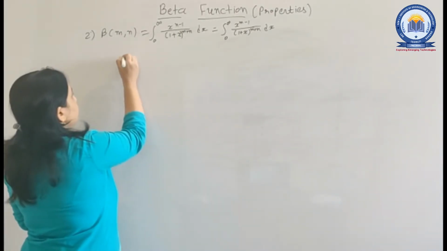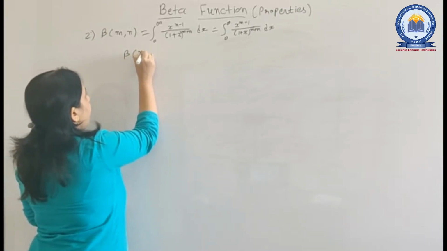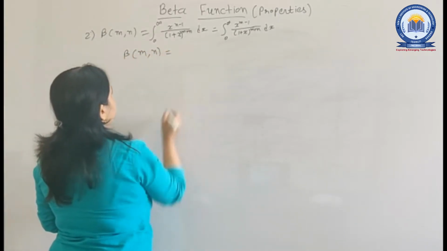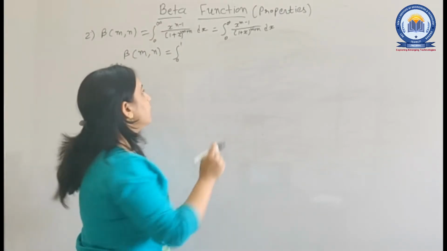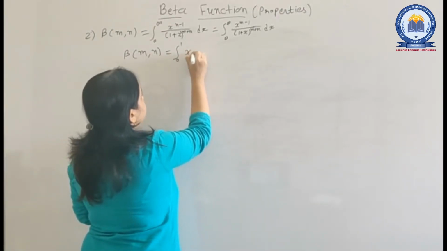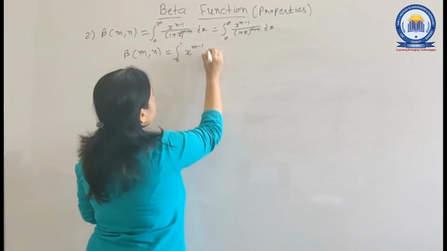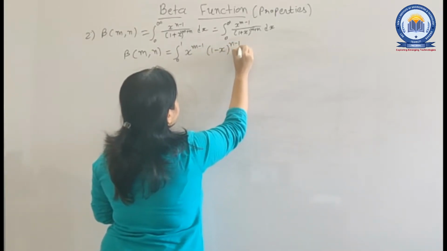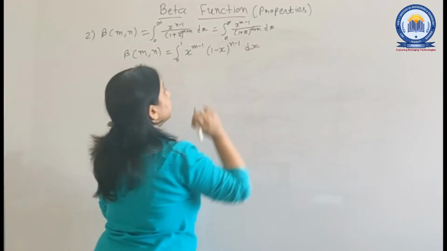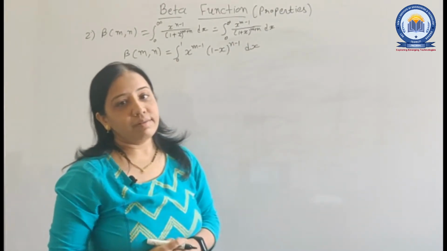Beta(m,n) equal to the integration 0 to 1 x raised to m minus 1 into (1 minus x) raised to n minus 1 dx. So that is our basic equation.